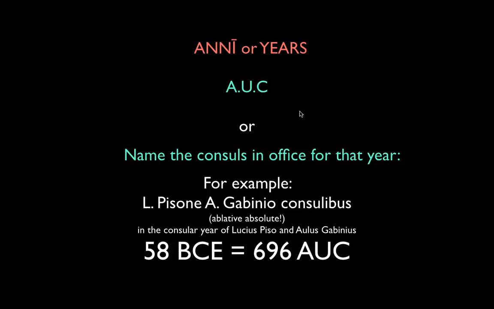So, with Lucius and Aulus as consuls. This is similar to us saying this event happened during the term of JFK, which is a little longer term-wise, but the Romans all would have known the different pairings of their consuls, so it would have been pretty easy for them to determine what year you were referring to.